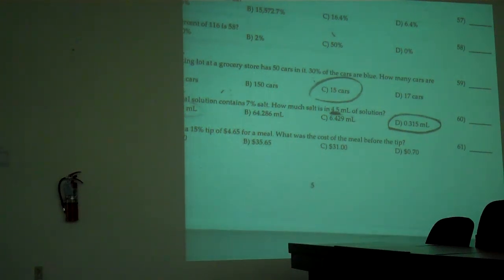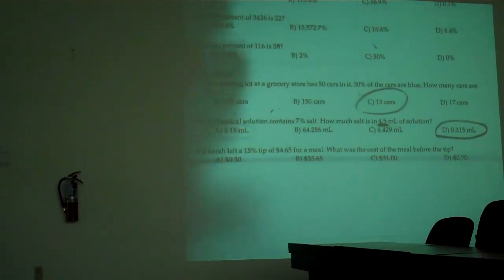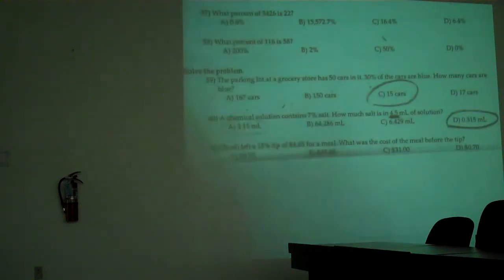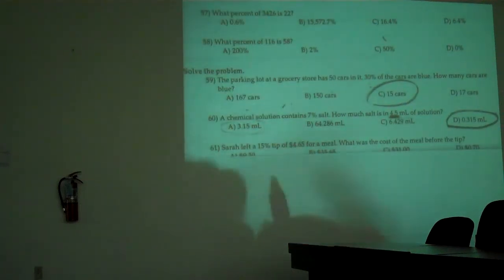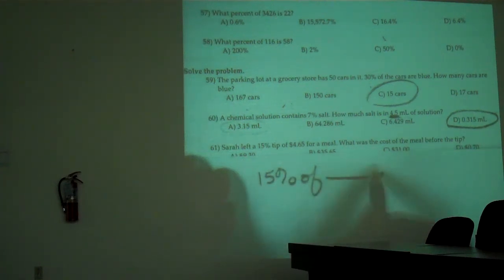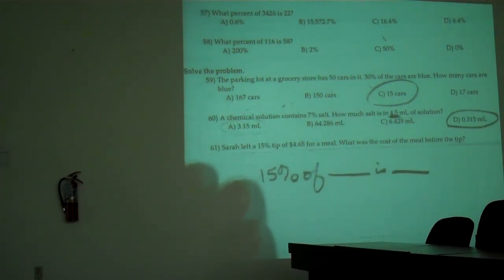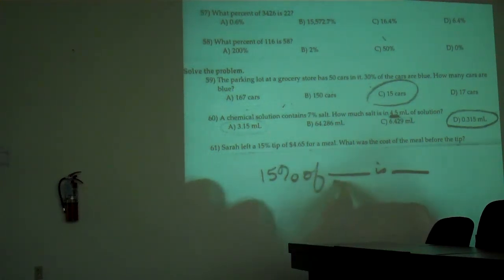Okay, Sarah left a 15% tip of $4.65 per meal. What is the cost of the meal before the tip? Okay, 15% of what is what? 15% of the meal is the tip she left, right? 15% of the meal is the tip.